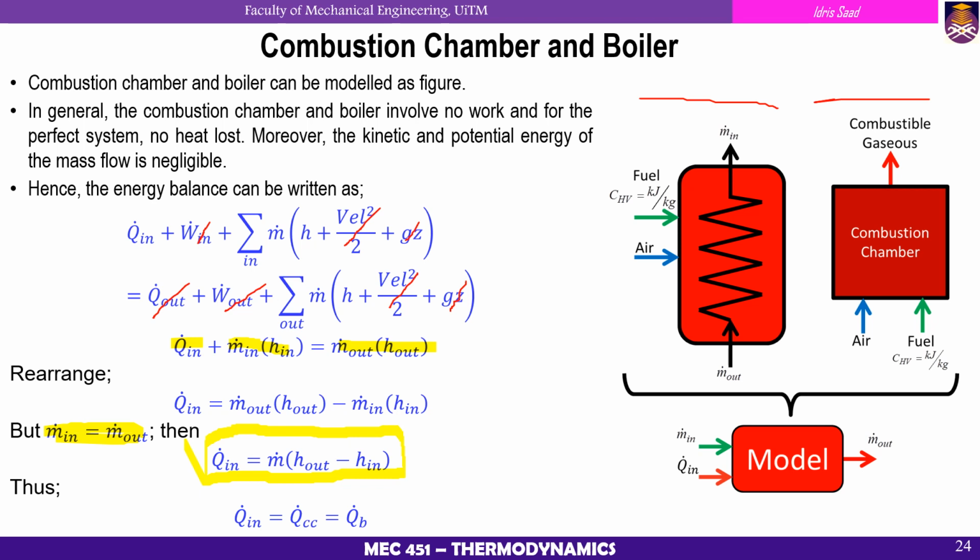Thus, we can write Q dot in is equal to Q CC is equal to Q boiler. That means heat input to the system is equal to heat from the combustion chamber as well as heat from the boiler. Therefore, we have completed the discussion about the combustion chamber and boiler.